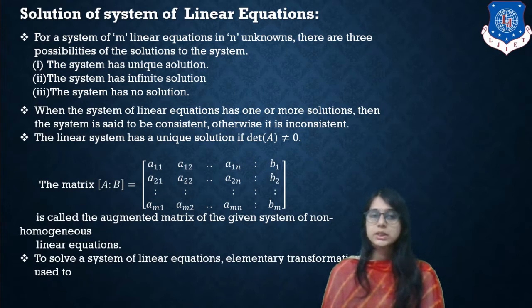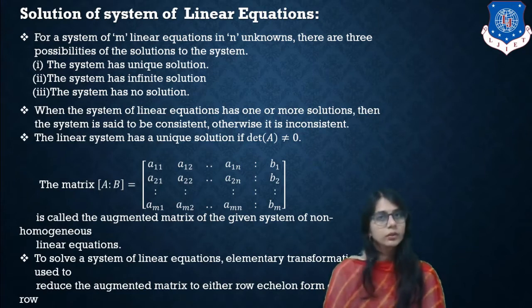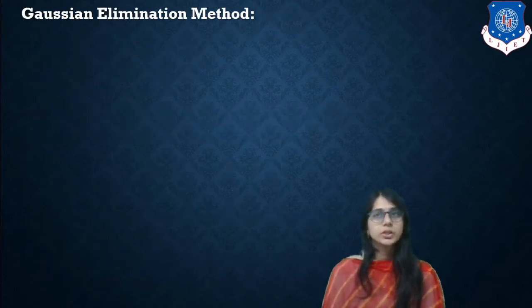To solve a system of linear equations, elementary transformations are used to reduce the matrix to either row echelon form or reduced row echelon form.